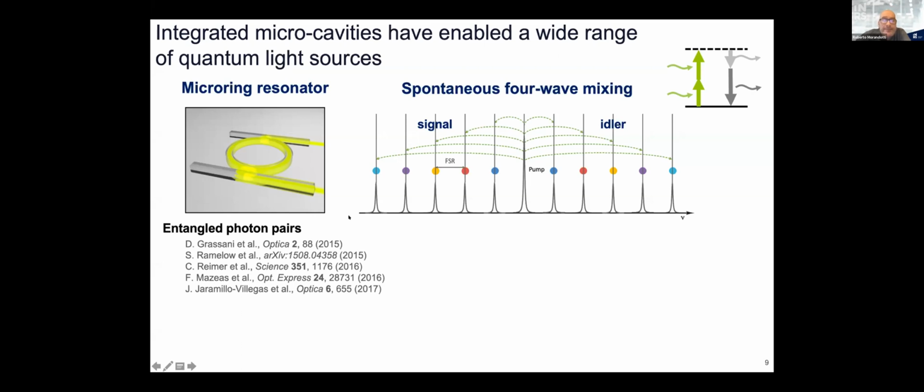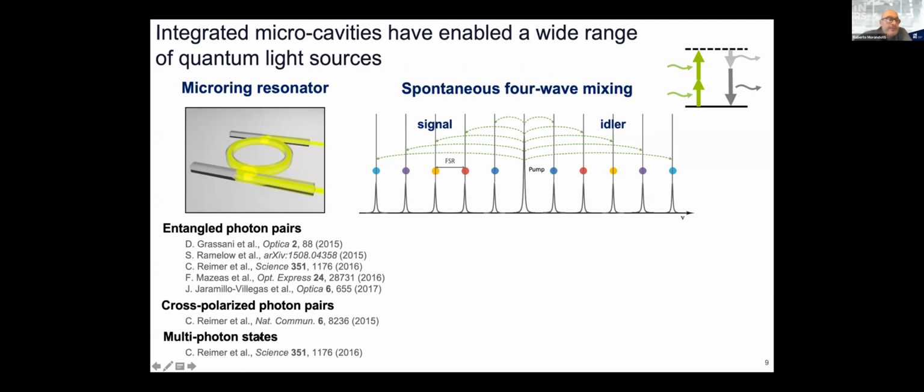So there is some work ongoing on this kind of technology. This is our work, but there are many other groups, like the group of Baioni and the group of Andy Weiner, working on the same thing. This is another work that we did using perpendicularly polarized states. We look at multi-photon states and high-dimensional states.